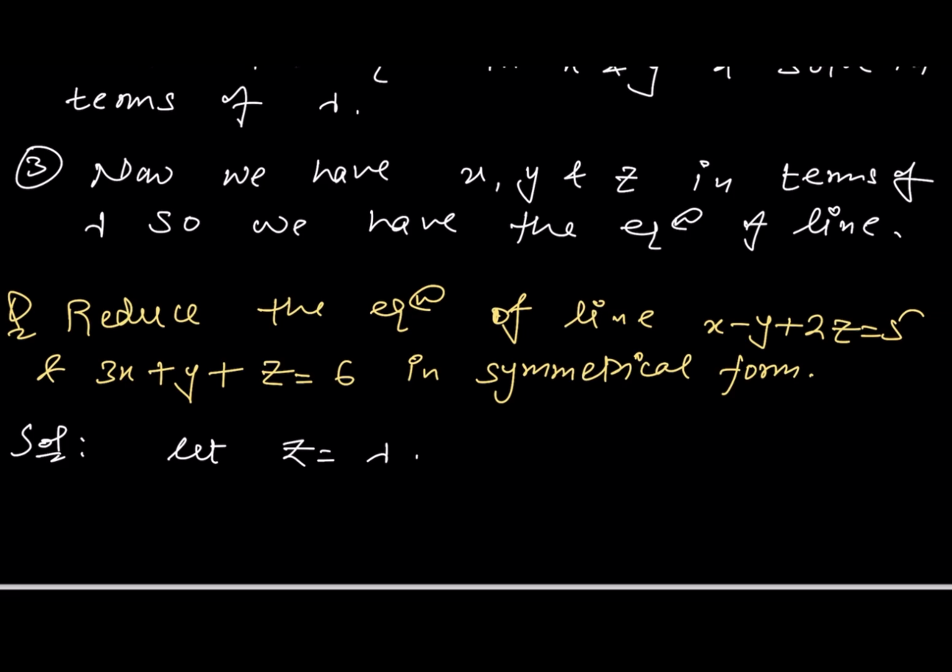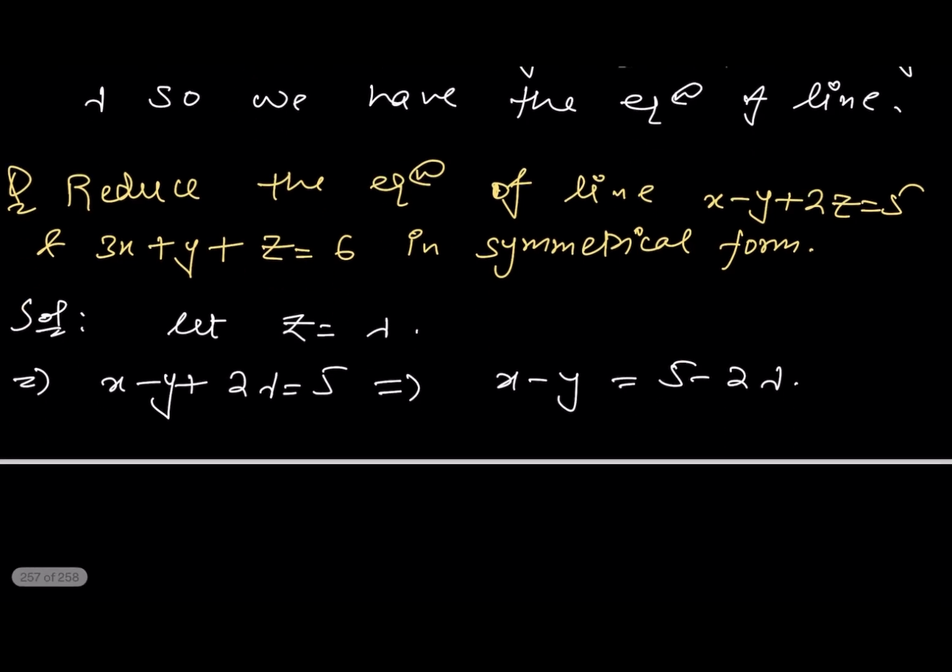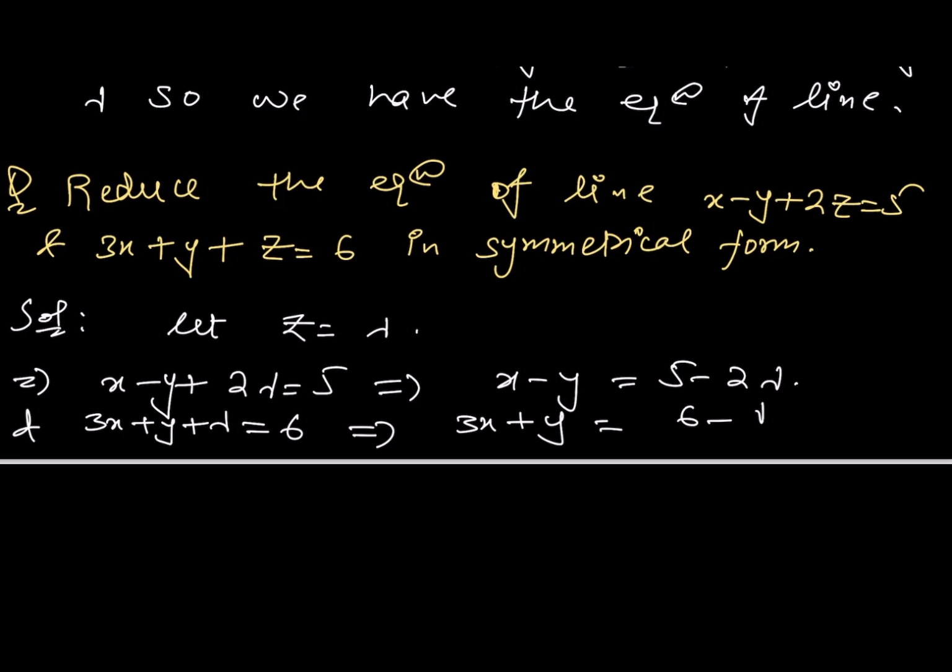If I put z is equal to lambda in both planes, then x minus y plus 2 lambda is equal to 5 gives you x minus y is equal to 5 minus 2 lambda, right? And from the second equation we will have 3x plus y plus lambda is equal to 6, which implies 3x plus y is equal to 6 minus lambda.